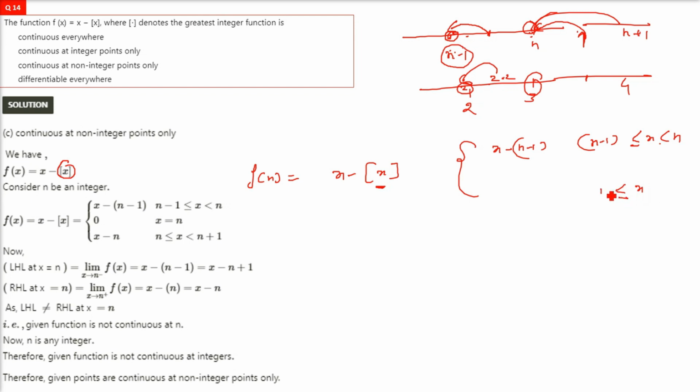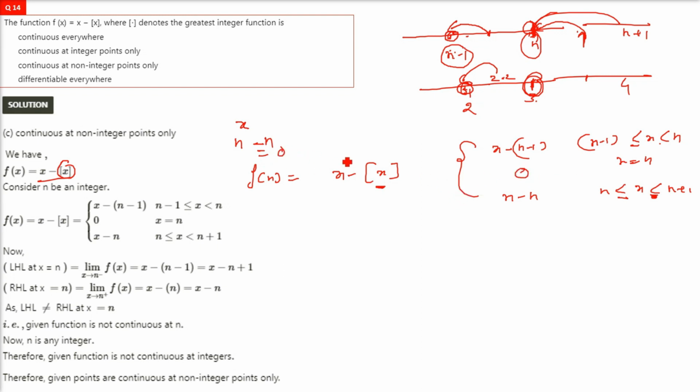So if x is between n and n plus 1, the GIF function gives n, so it is x minus n. Now when you are exactly at an integer, x is also n and the greatest integer function will also give you n. n minus n is 0, so you will get a 0 here.